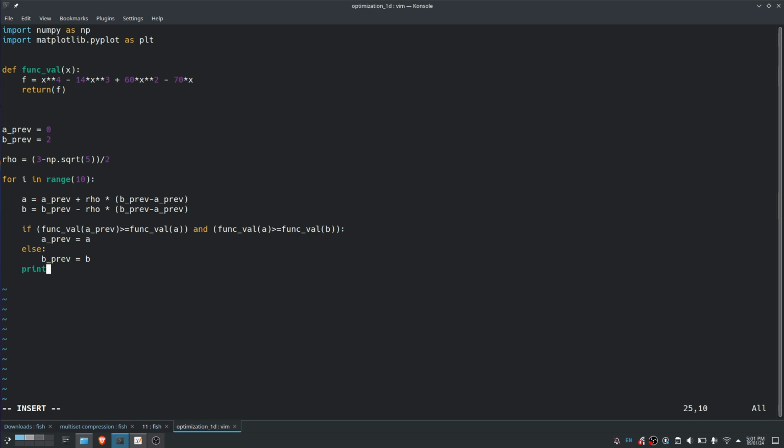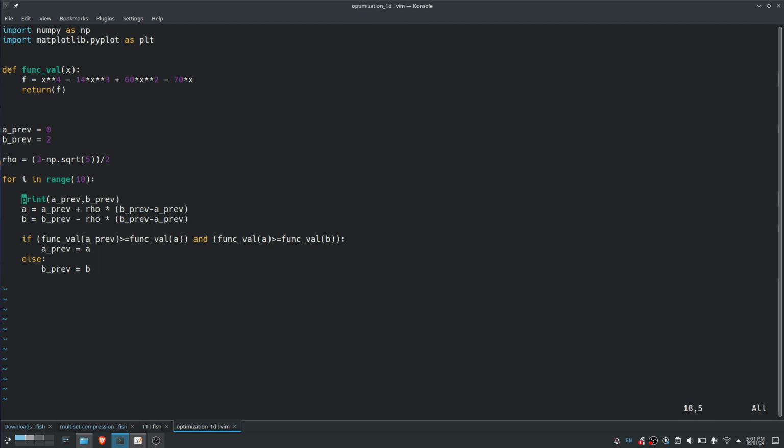So in every stage, let me print what this value is, because this corresponds to which interval I am searching over. Let me just do this in the beginning of each iteration.